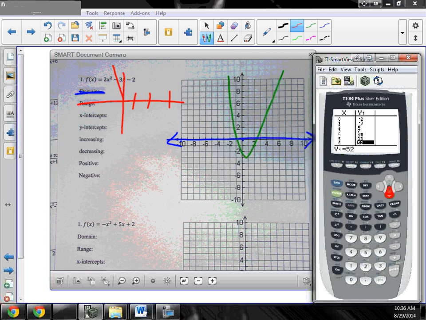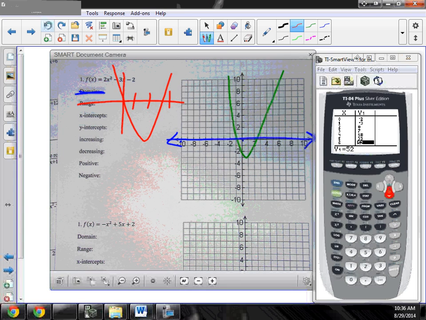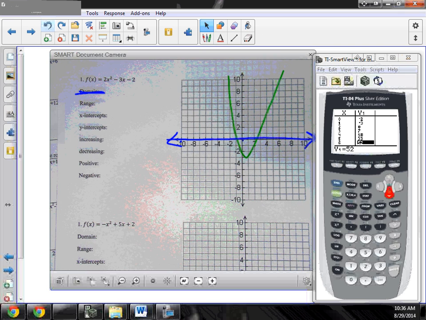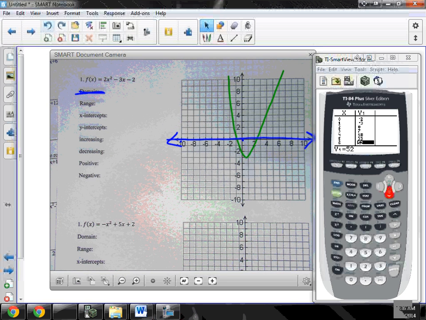So if it came down here like this, it might be a little bit smaller than that point. We won't know, and on Tuesday when you have a calculator, we'll figure out exactly where that occurs. So we know that the y values start at the minimum and go up.